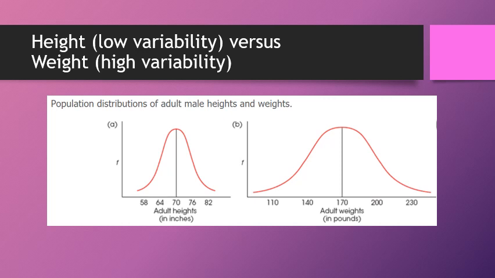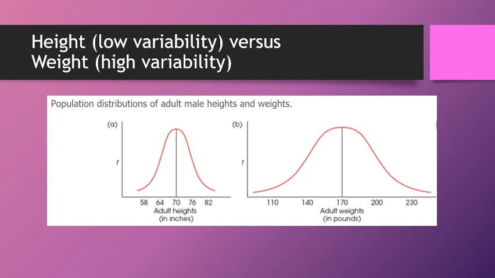Let's look at heights of adult males, and let's look at weights of adult males. Well, look at the first graph of the heights. This tells you that most men are between 58 and 82 inches. They are very, very close together, very low variability. You can see how the graph looks.